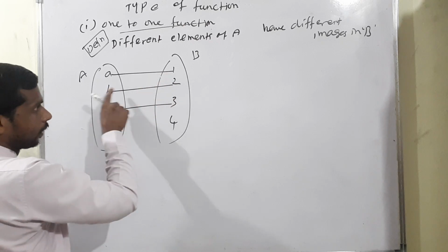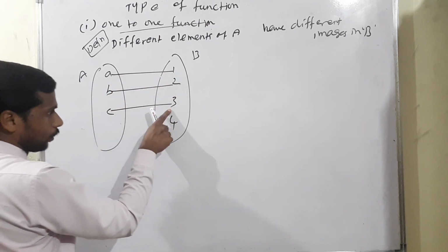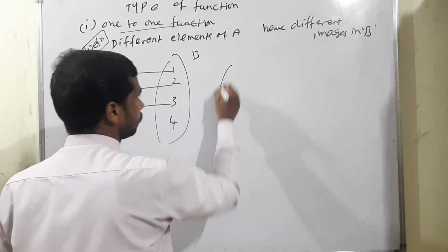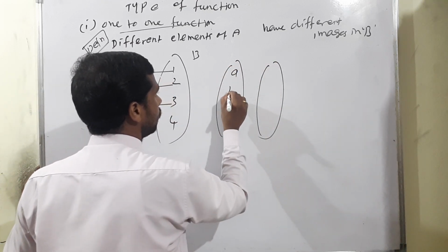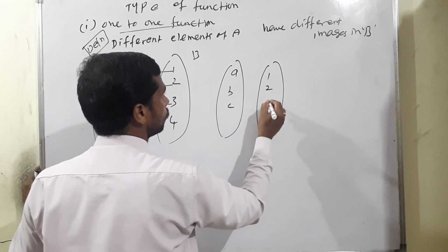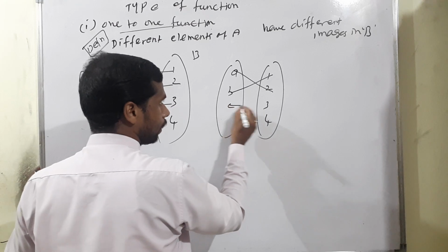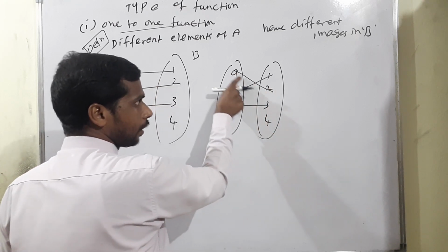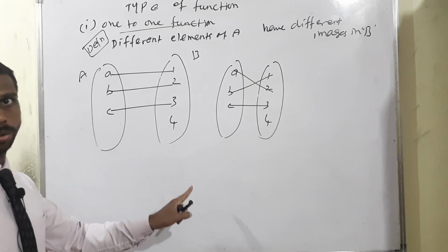At the same time, A related to 2, B related to 1, C related to 3 is also one-to-one. So both of these are considered one-to-one.